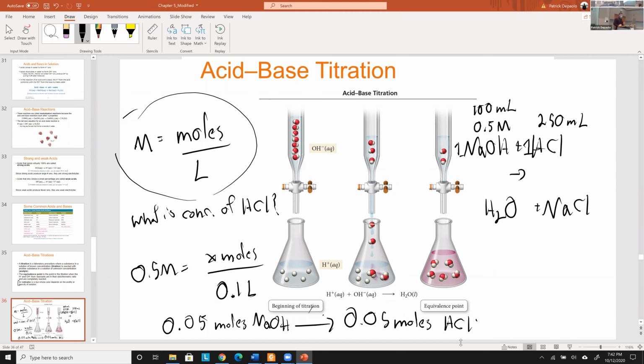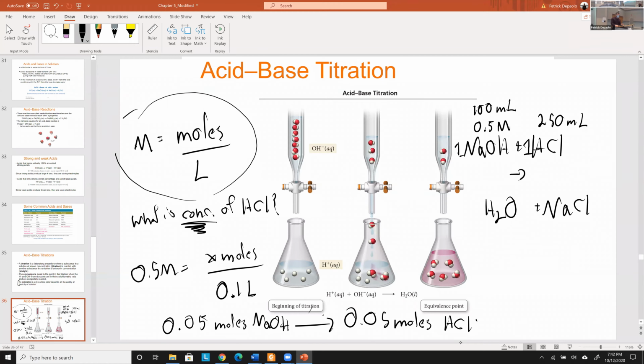So now, with that amount of moles of HCl, what do we do? If we're being asked for the concentration or the molarity of the HCl, what would be the next step? Perfect. Yeah, good. So you divide by the volume. You take that moles and use the same molarity equation we used before, but this time we solve for molarity.